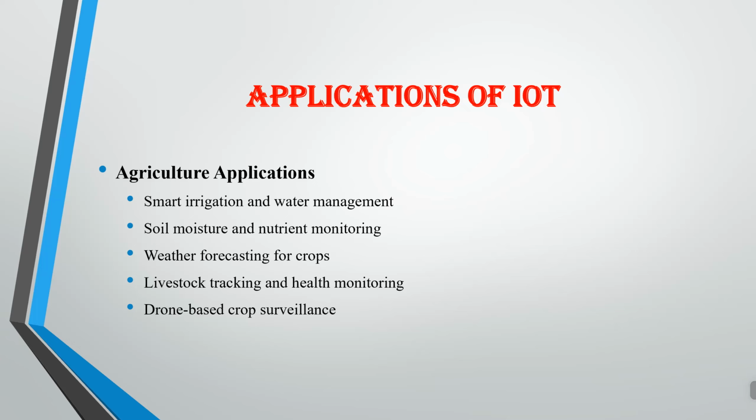Then, soil moisture and nutrient monitoring. That's very important for agricultural applications. Soil moisture is a very important factor. If the soil contains too much water, you will not get a proper crop. If the soil contains very little water, then also there is a scarcity of water. Properly balanced moisture is required.